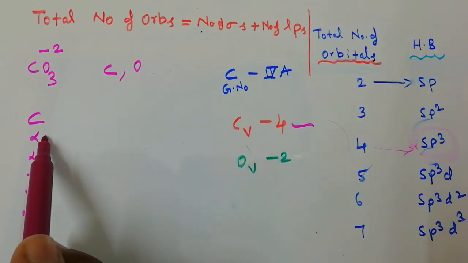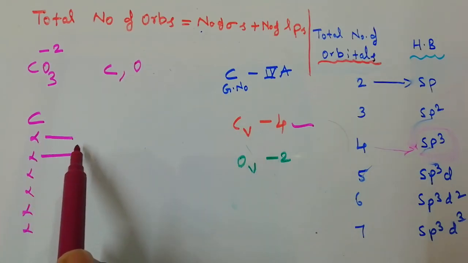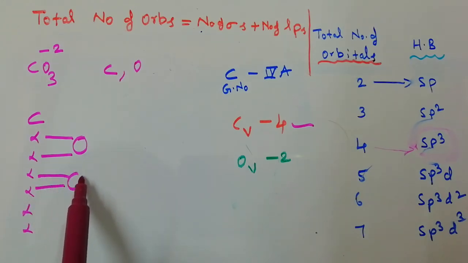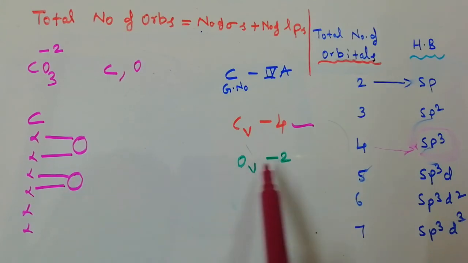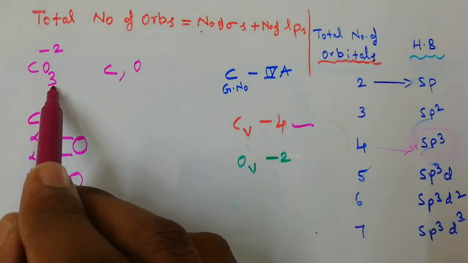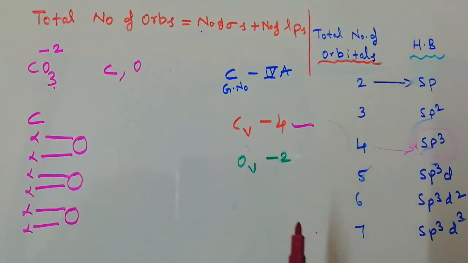So this is the 1 electron, this is the 1 electron. So oxygen connected. And then we have 3 oxygen atoms, right? Hence the other 2 electrons of the carbon are connected with oxygen. As the oxygen valence is 2, it is connected with only 2 electrons. Total we have 3 oxygen atoms, so 3 are over.